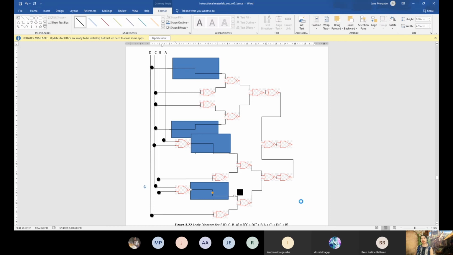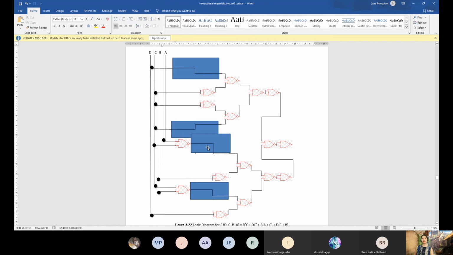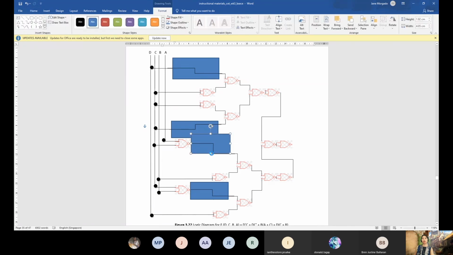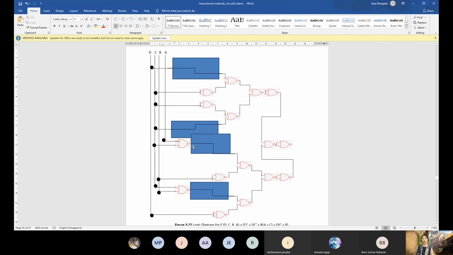So it will be like that. So we remove the canceled inverters.